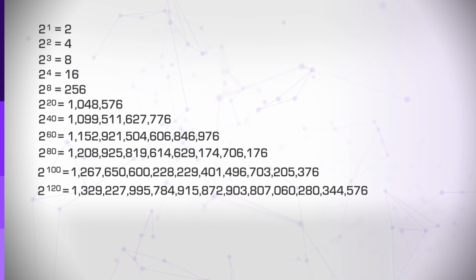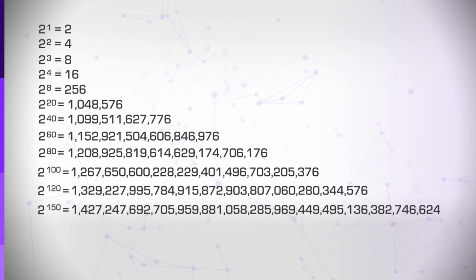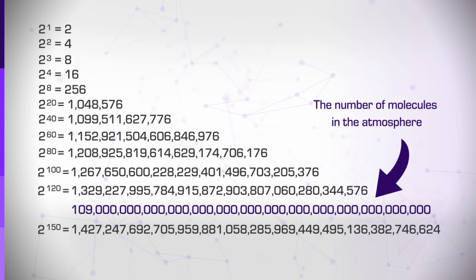This exponential complexity can lead us to a point where the calculation is not realistic or not even possible. Even with relatively small datasets, we will see that the number of required calculations is so big that it is even larger than the number of molecules in the atmosphere, which is estimated to be this number.